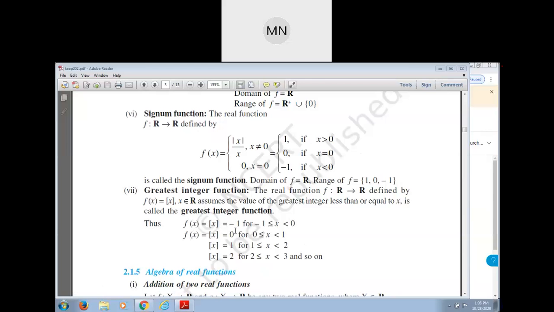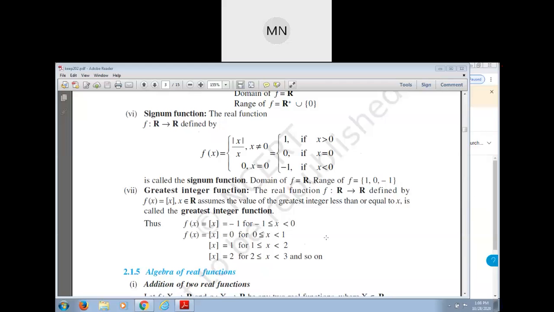Suppose minus 1 less than or equal to x less than 0. The value is found by writing the number as integer plus fractional value, and it will be the integral value. Suppose we take x equals 2.7. Then 2.7 can be written as 2 plus 0.7.